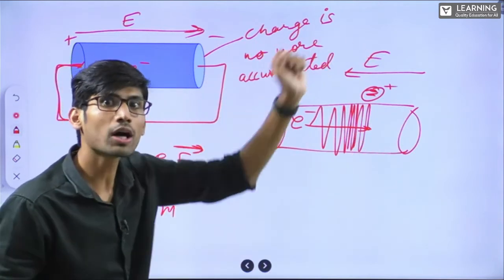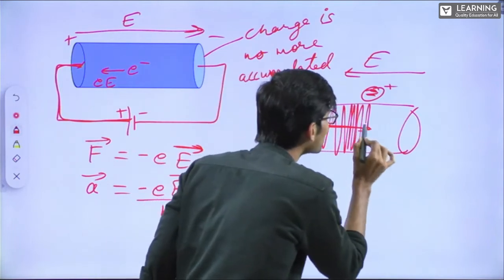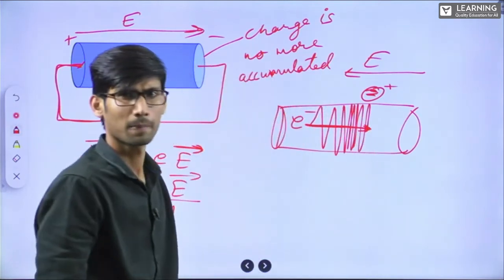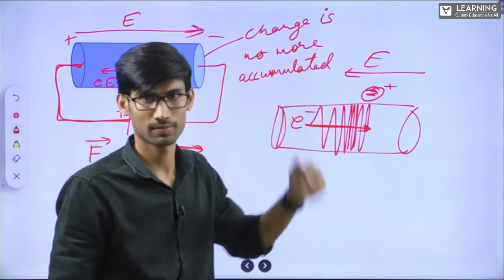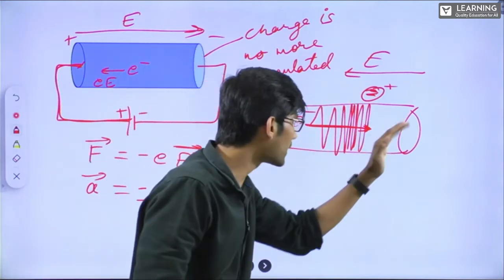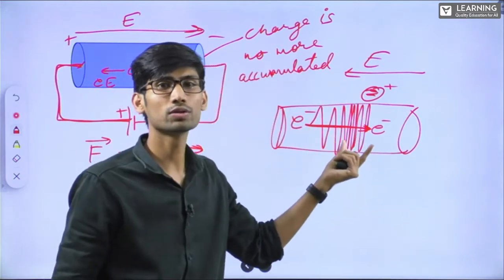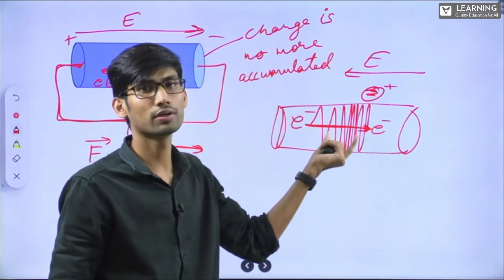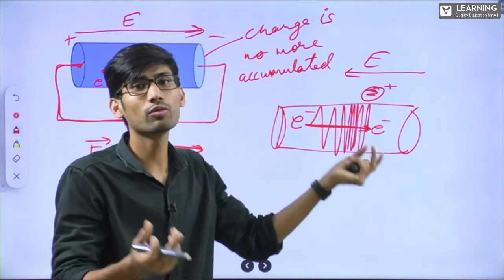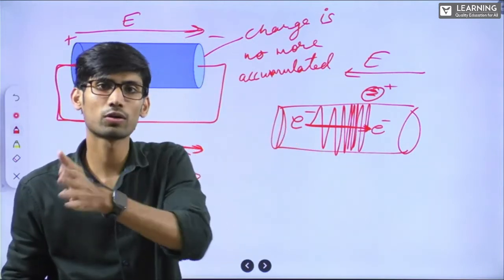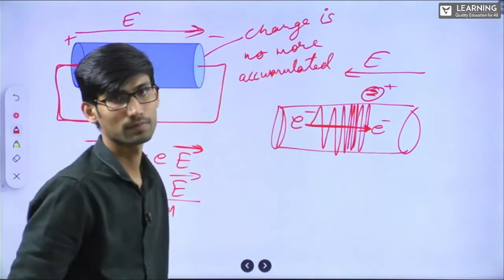So the speed is no doubt high, but velocity is displacement upon time. If you see in this direction, it has only shifted a bit. Maybe due to high acceleration, it has covered a lot of distance, but in this direction it has only shifted a bit. Overall, it is seen that this electron is practically moving with a constant slow velocity. Very slow constant velocity, and that velocity is drift velocity.